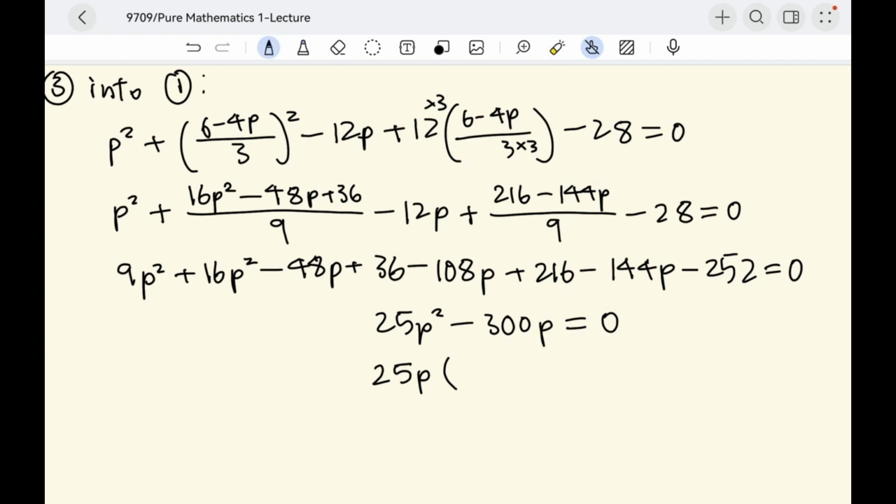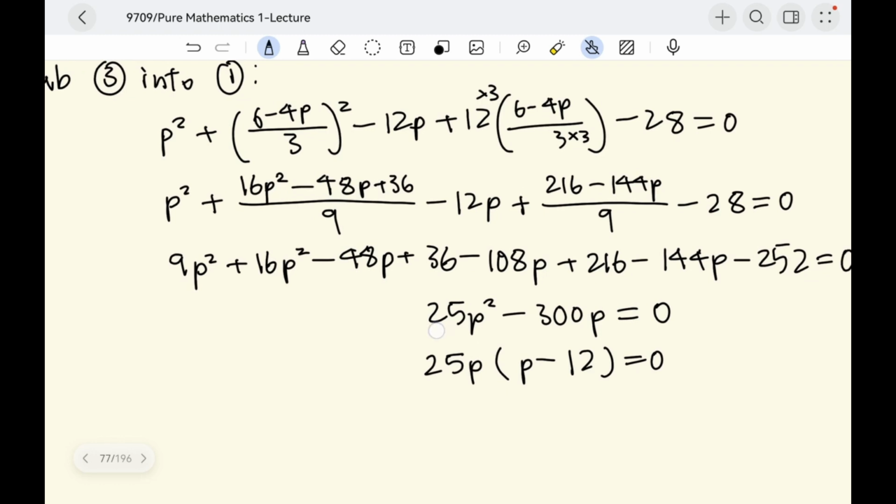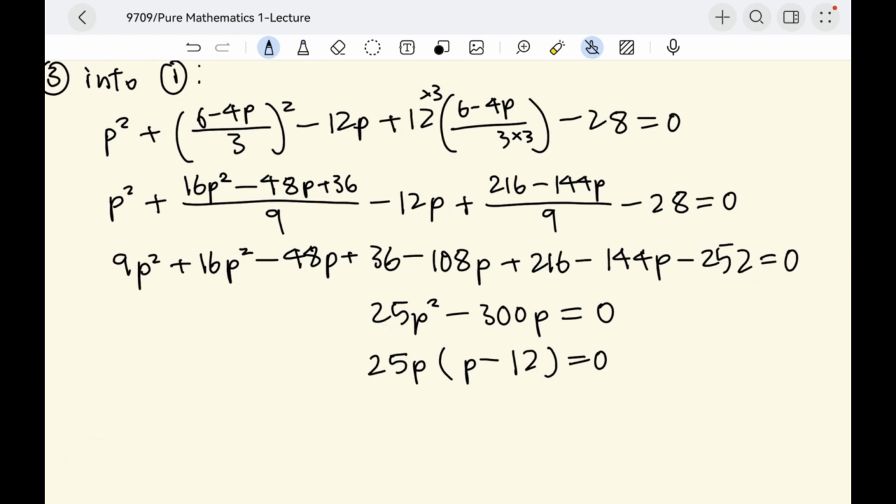Okay, so I have p minus 12. Okay, so what will be your answer for the p? Okay, you can separate into two cases, so you will get p equals 0 or p equals 12.